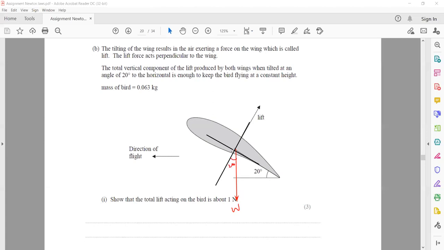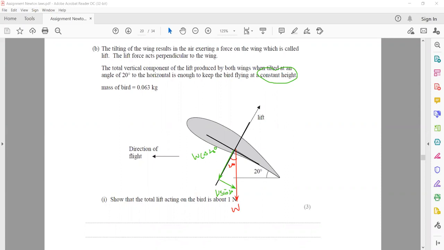So the component of the weight which is with the angle, we call that W cos 20. And the component of the weight which is against the angle is W sin 20. So basically the bird is at a constant height, so it means the lift matches with W cos 20.